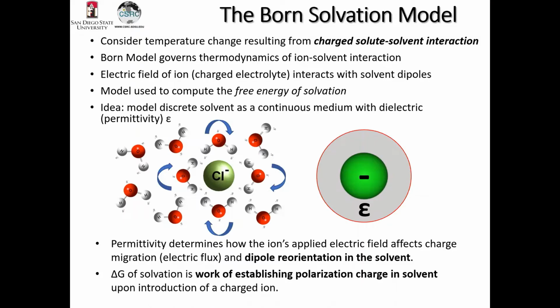The way this model works is you consider the change in temperature as a result of ion-ion interaction. So the question is, could the interaction between solutes and the formation water solvent be a contributing factor in the decrease in temperature in that acidic zone?